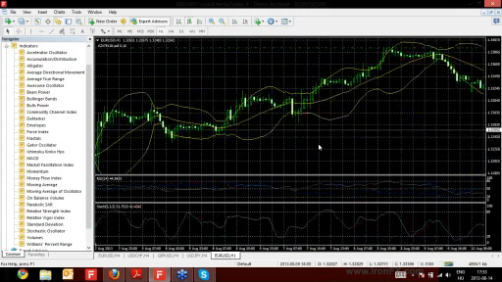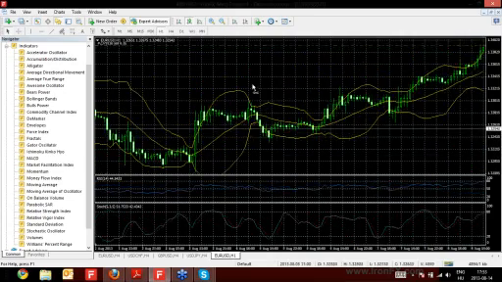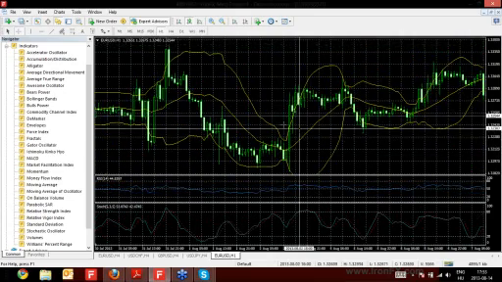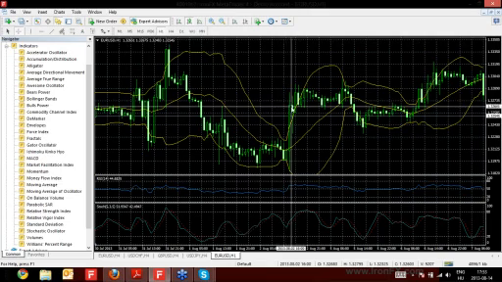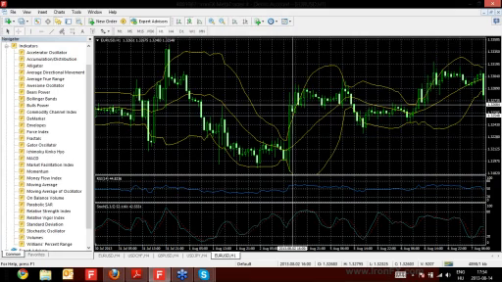Okay, and again to the other side. It's a very huge candle. Don't forget this is a 1 hour chart, so it's a different thing. So again, there is a smaller momentum to the upside.